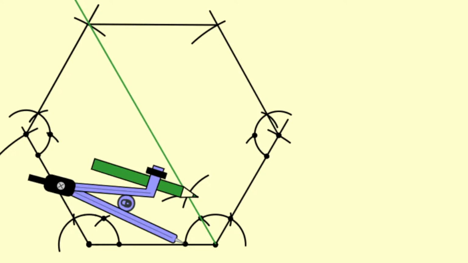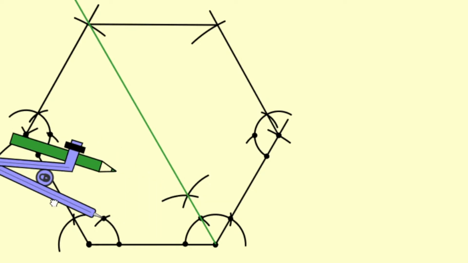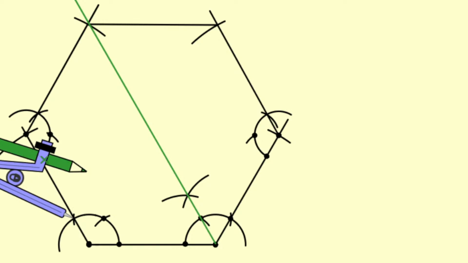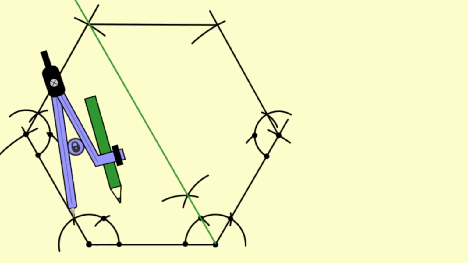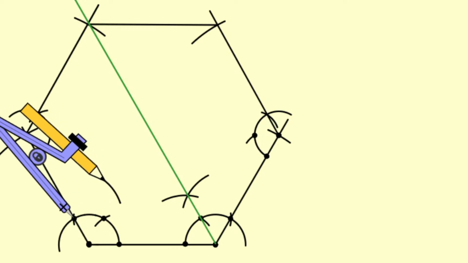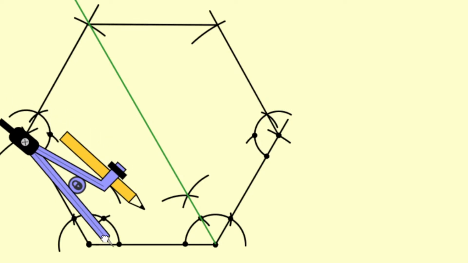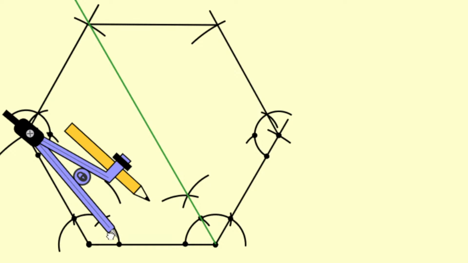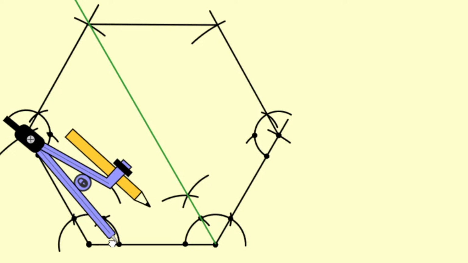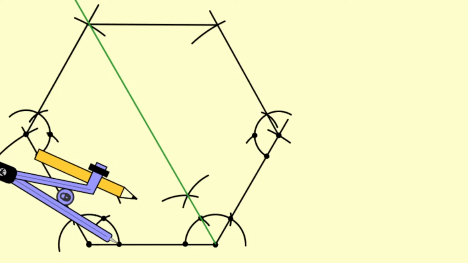In the same way, I'll draw another angle bisector. I'm just going to utilize this angle. One arc I have to draw from one end point of the angle, and another arc from the other end point of the angle. The compass radius should be the same.